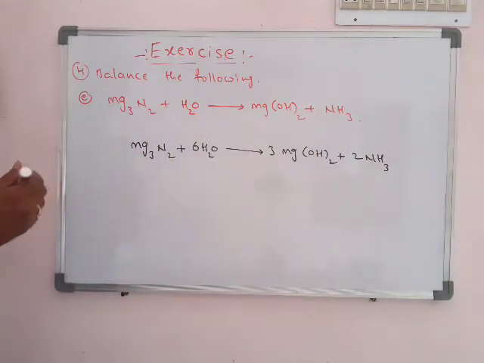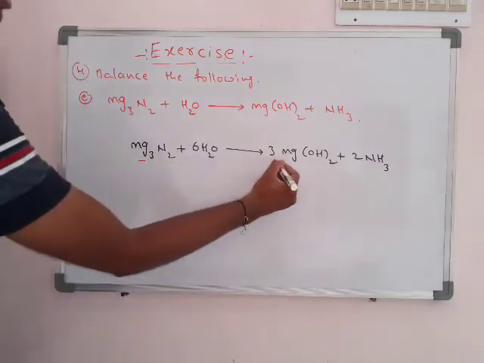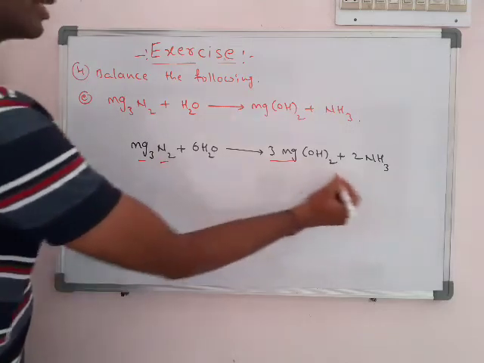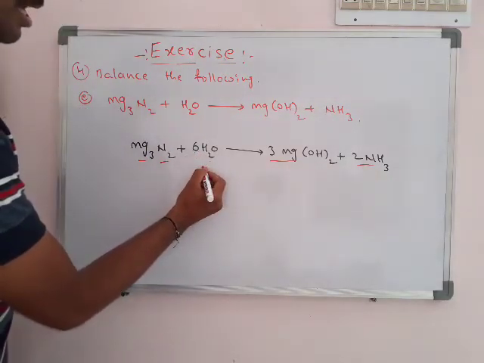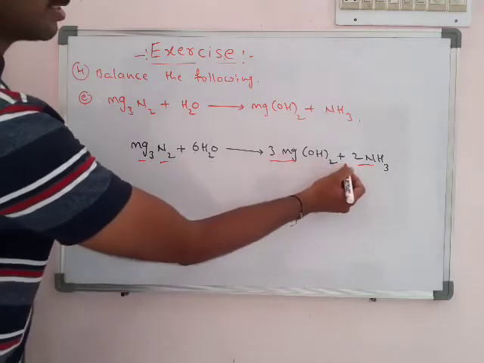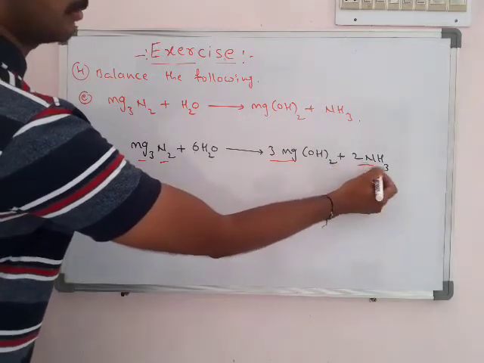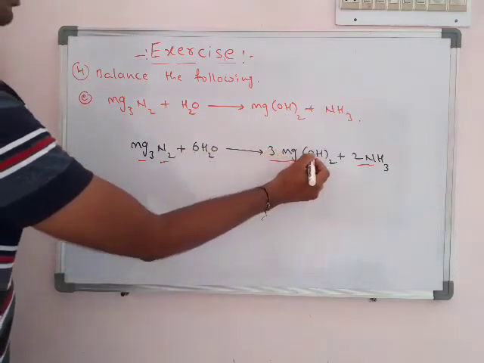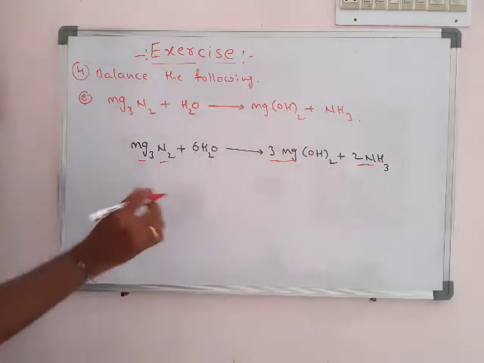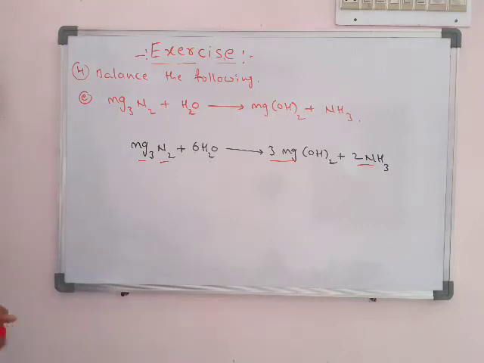See how many: 3 magnesiums, 3 magnesiums, 2 nitrogens, 2 nitrogens, 6 to 12 hydrogens. Here 3 to the 6, here 6. So 12 hydrogens, 6 oxygens, 3 taken to 6 oxygens. So it is balanced. Okay.